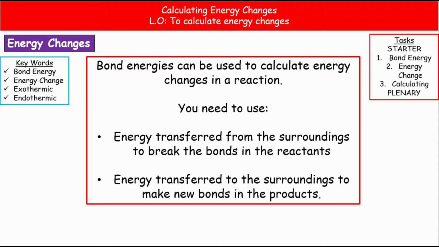So in order to do that, what we need is to work out the energy transferred from the surroundings to break the bonds in the reactants, and we'd need to use the energy transferred to the surroundings when new bonds are made in the products. So what we're doing is we're working out the amount of energy being transferred in our reactants as those bonds are broken, and then in the products as new bonds form. And from that we can then work out the total energy change in any given reaction. So jot those couple of points down in your book for me first of all.